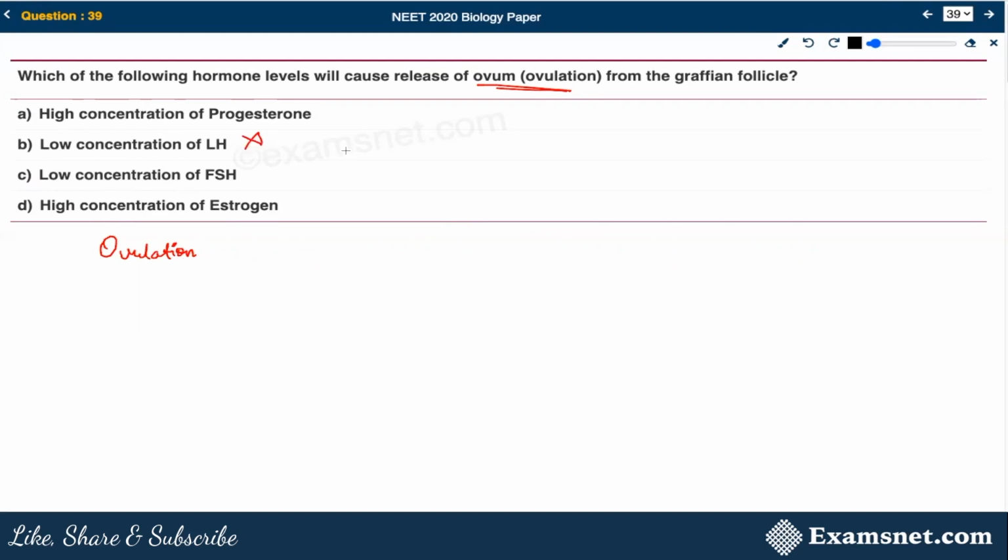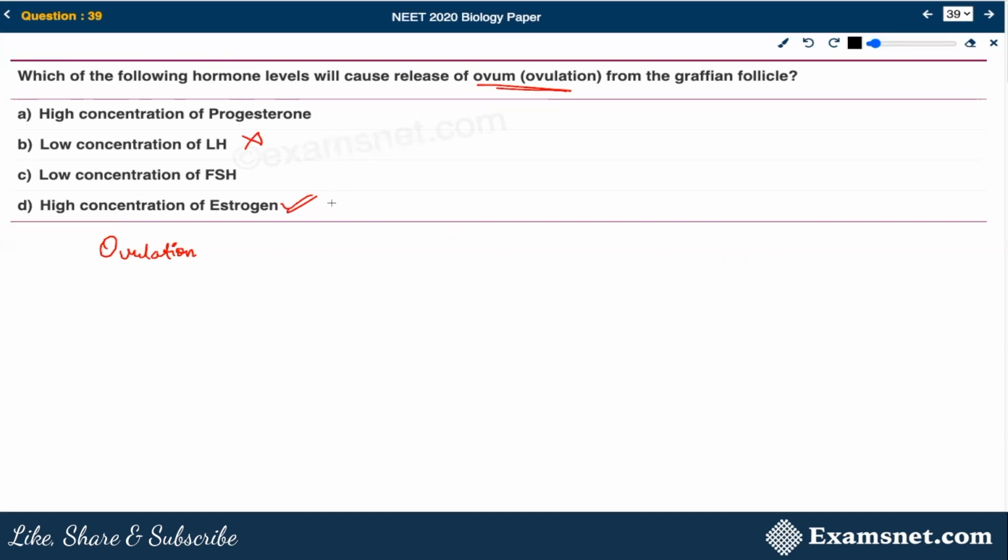But high level of estrogen will be the answer. Before the process of ovulation comes the follicular phase, in which there is an increase in the level of estrogen, LH and FSH, and progesterone is also slightly increased. Once estrogen is high, it gives positive feedback to the anterior pituitary for the release of LH.